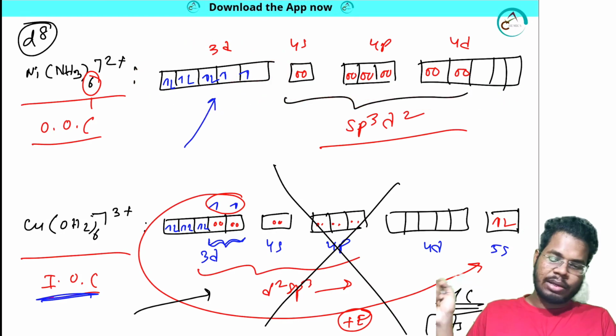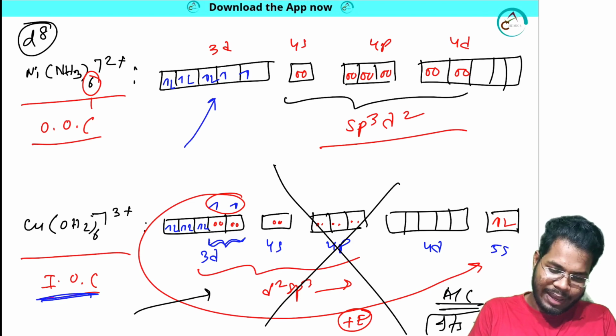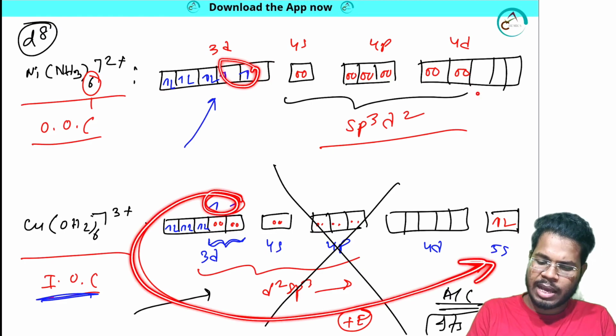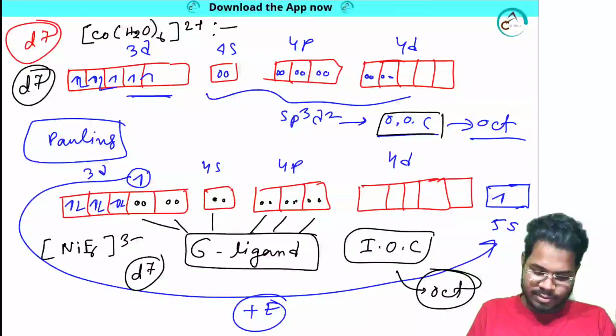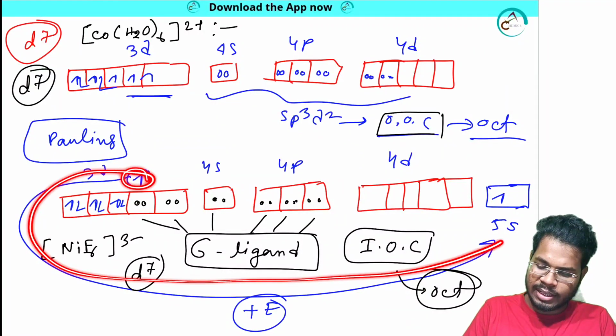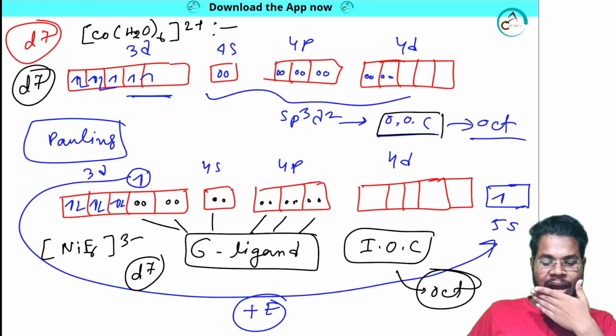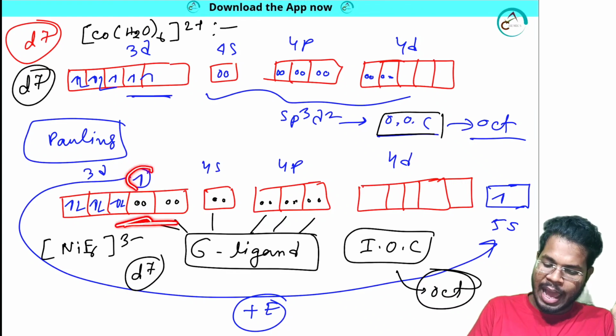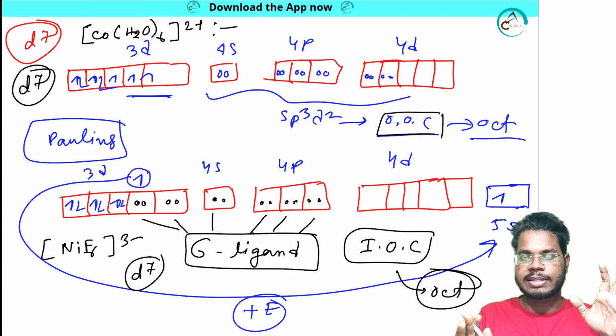And one more thing that you should ask me: sir, why am I sending the electron to the 5s orbital, when I already have a vacant 4d orbital? I told you that you can't use both of these orbitals for a particular system.